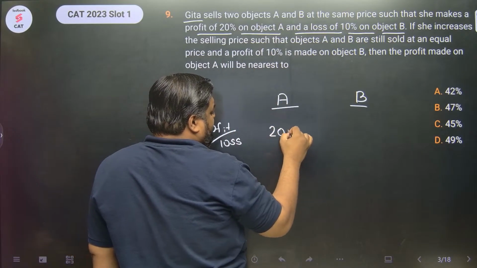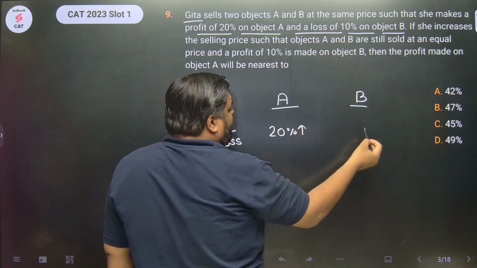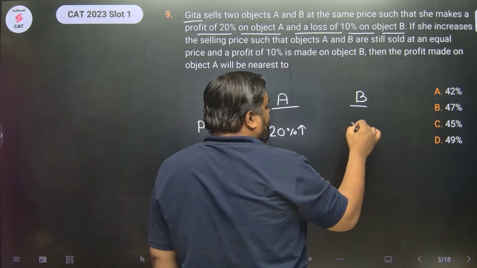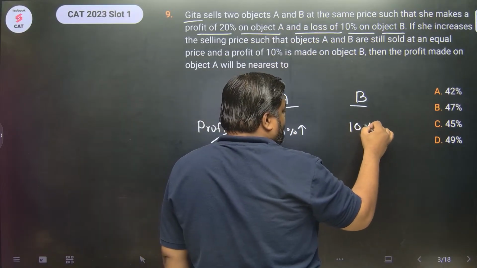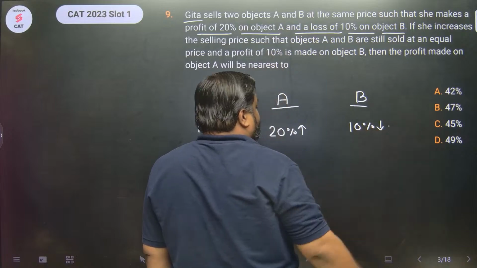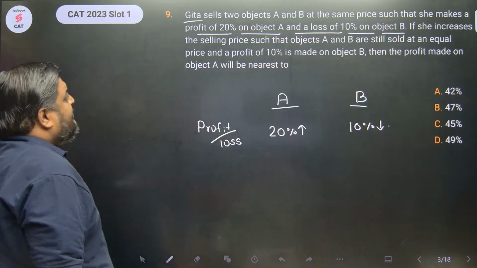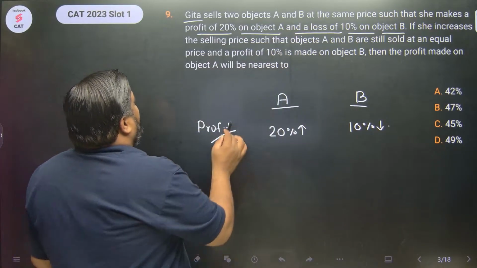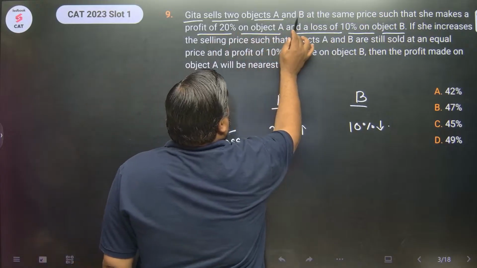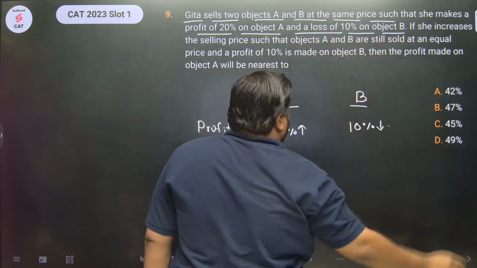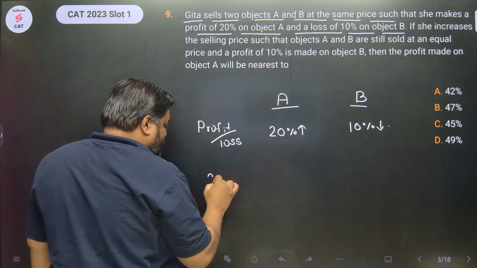In the second case, she is having a loss of 10%, right? And the selling price of both the objects is the same.